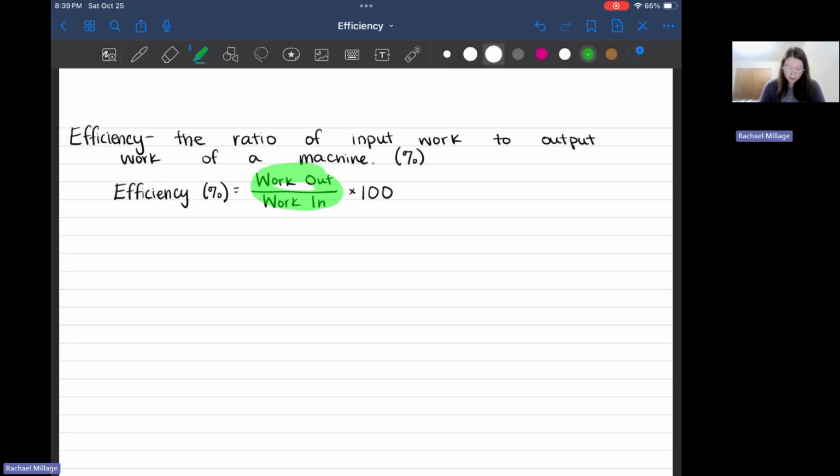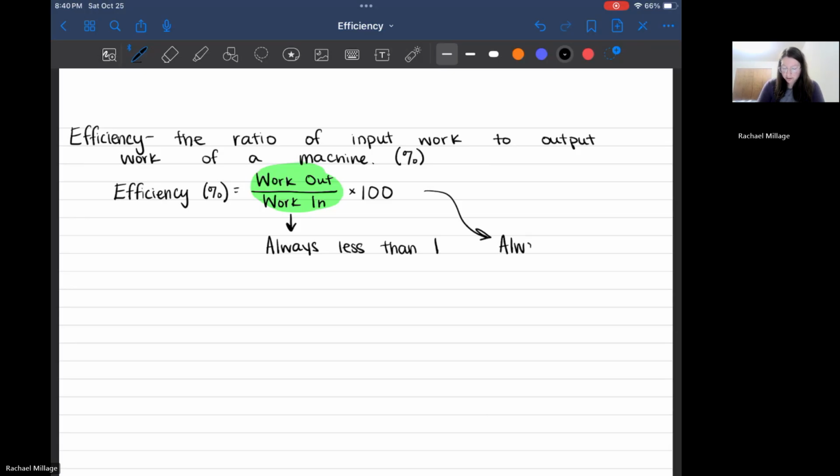This number right here, the work out divided by work in, should always be less than 1. And then when we multiply it by 100%, that should always give us a percent less than 100.